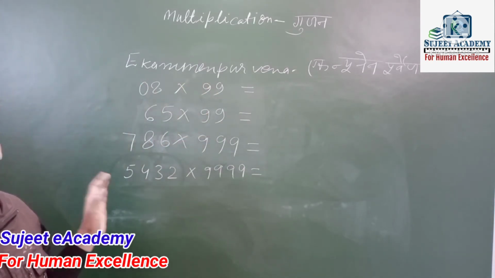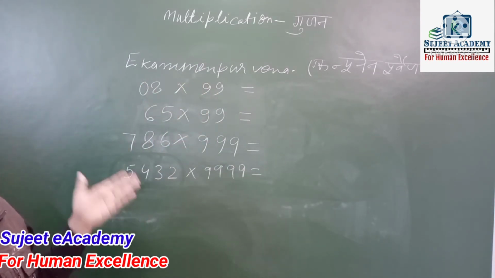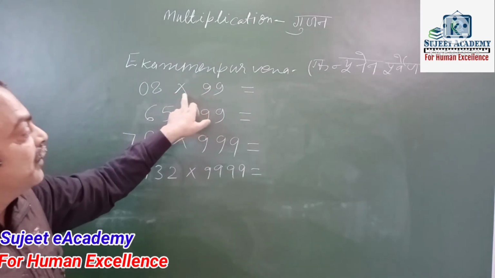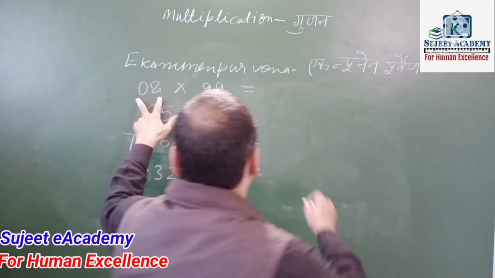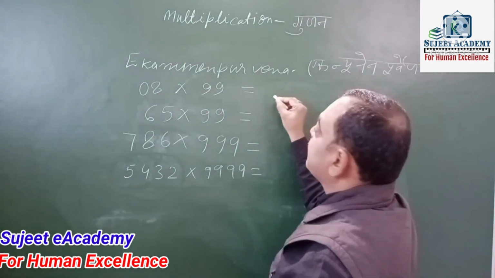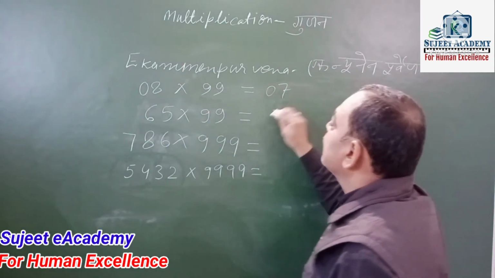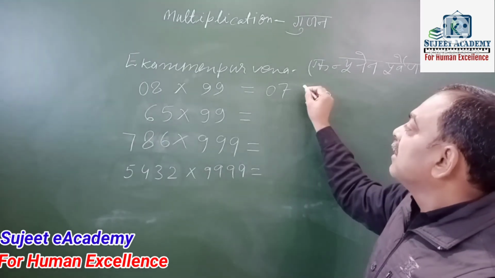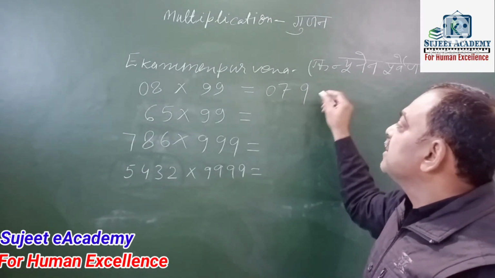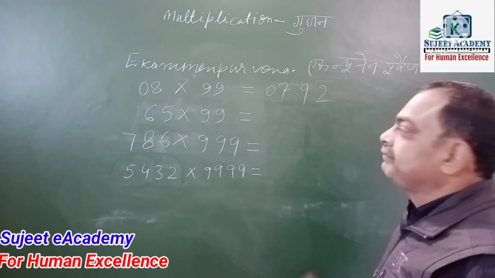Then this is a two digit number multiplied by 2 times of 9. So you reduce it, similar pattern, 07, and subtract it from 9. 9 minus 0 is 9. 9 minus 2 is 7.